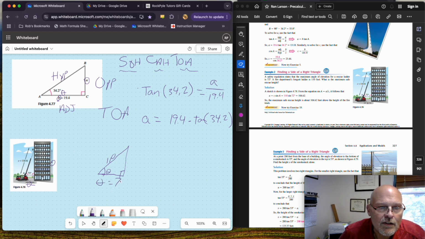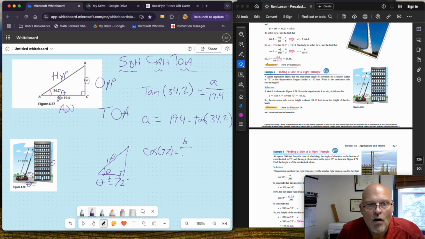Theta is 72 degrees. What's the question? If I want to find B, B is the adjacent side to theta. So the cosine of 72 is adjacent over hypotenuse. The sine of 72 is going to be the height, or A, the opposite side over the hypotenuse.